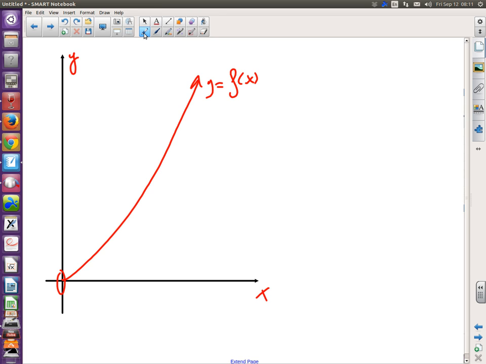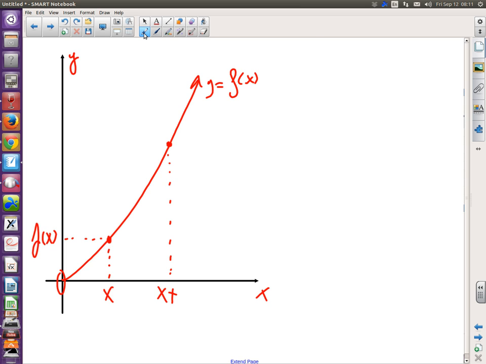All right, so consider any 2 points on this curve. Say this point and this point. Let's say this point is at some x value, and this point is at what y value? Plug in x and you get f of x. But now let's say we go a little bit over to the right and we have this x value.